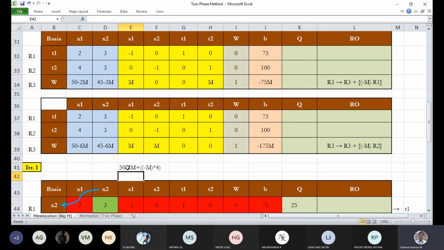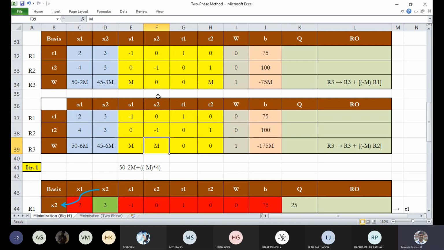So that will become 50 minus 2m minus 4m, which is 50 minus 6m, right? And then if you take a look at this, 45 minus 3m, and when you have a 3 here, 3 multiplied by minus m will become minus 3m. When you add both together, it will become 45 minus 3m minus 3m, that is 45 minus 6m, right?